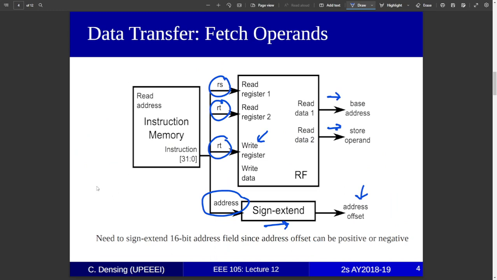Well, the ALU works with, say, this guy. This is 32 bits. So adding a 16-bit offset with a 32-bit number is not actually very well defined, or rather, it's not something our ALU is equipped to do.